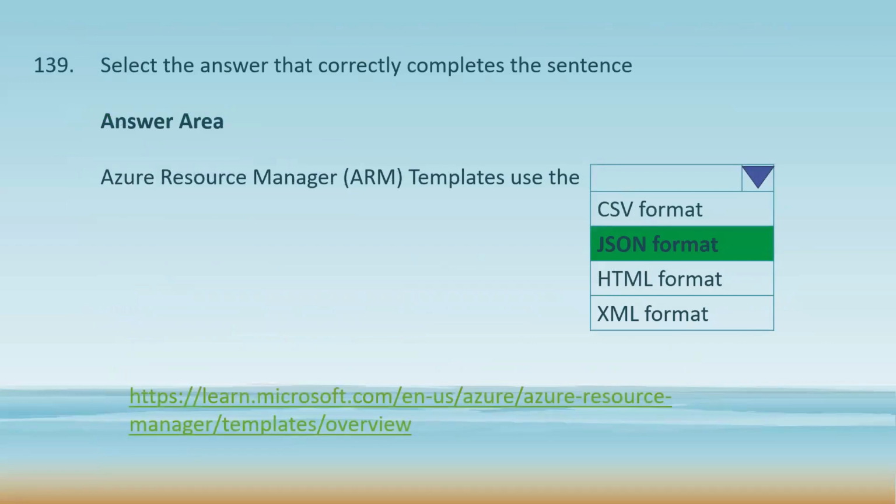An ARM template is a JavaScript Object Notation file, also called a JSON file, that defines the infrastructure and configuration for your project. The template uses declarative syntax, which lets you state what you intend to deploy without having to write the sequence of programming commands to create it. In the template, you specify the resources to deploy and the properties for those resources.